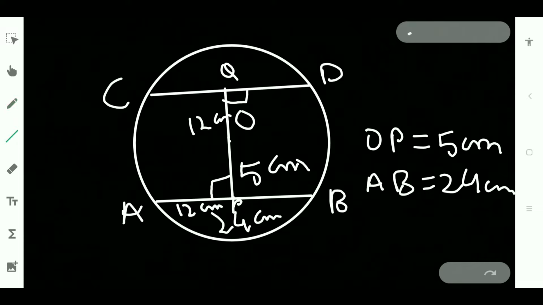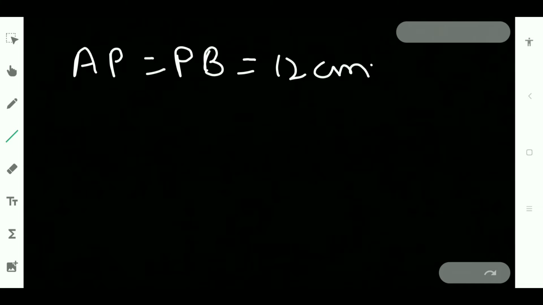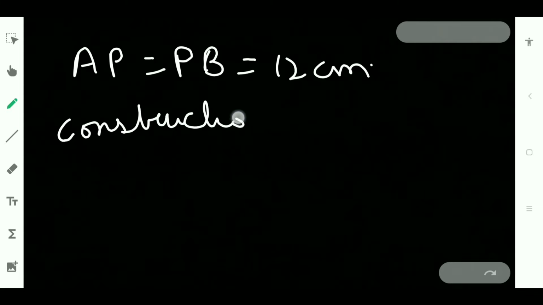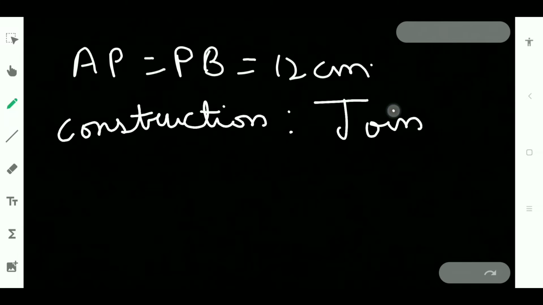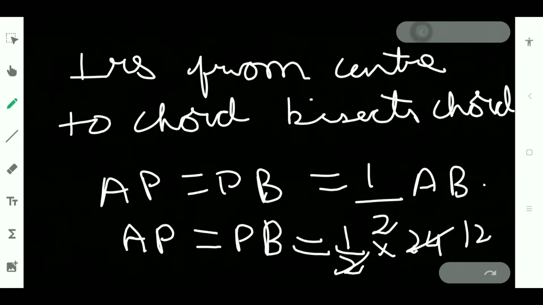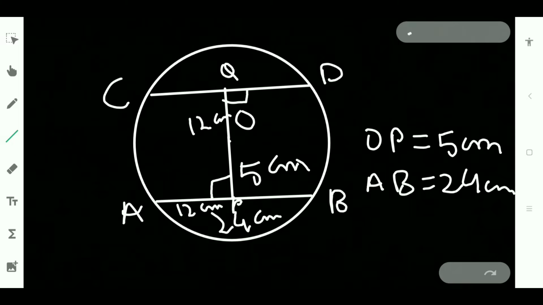Now again we have to do a construction, that is, join OA. So this is O and this is A. Join OA.